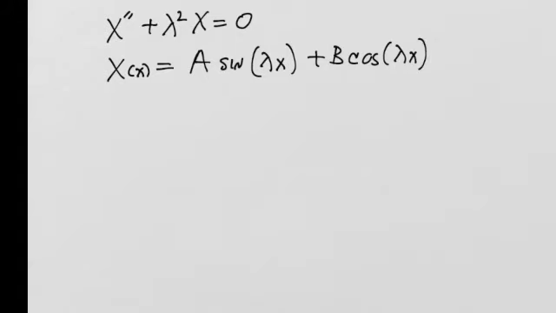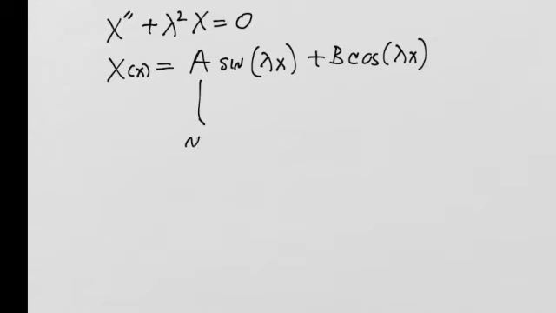So the solution for x is the sum of these two trigonometric functions, where this constant lambda appears as a prefactor for x in both of the trigonometric functions. And you have two numbers, a and b. These are numbers, right?